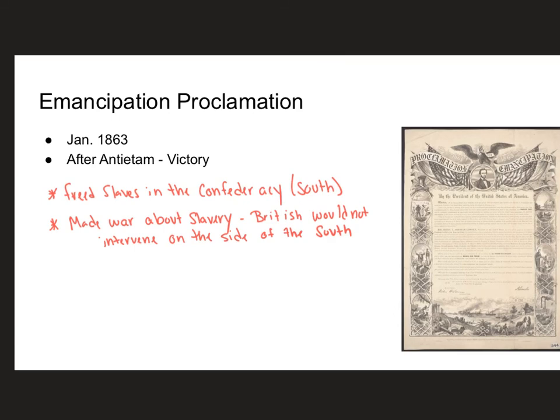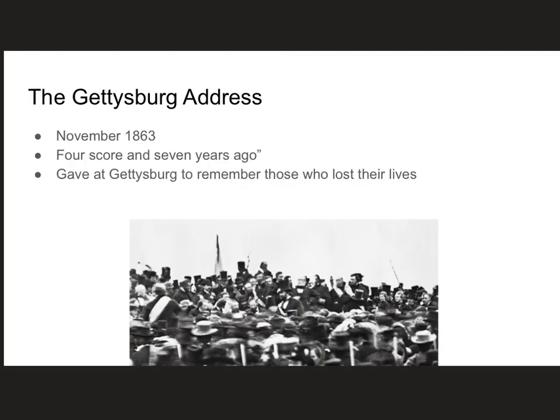The Gettysburg Address was given in November of 1863 after the Battle of Gettysburg. It starts off with Lincoln saying "seven years ago," and really what the purpose of it was, he wanted to remember those whose lives were lost during the war. And why this speech of Lincoln was so important is because Lincoln was very clear to say that the Civil War was more about a struggle to preserve the nation.